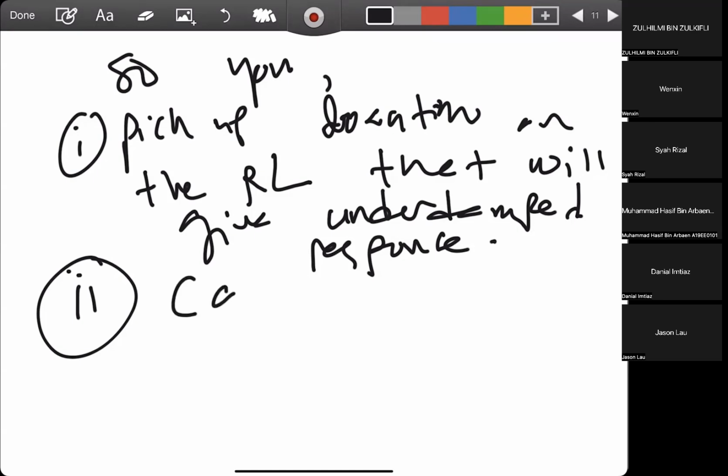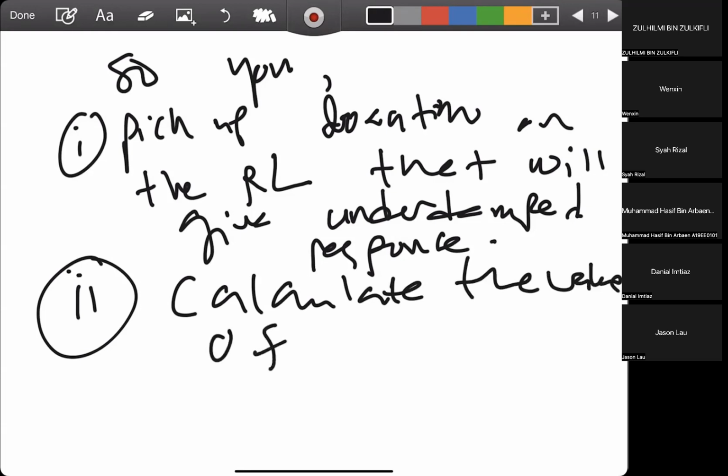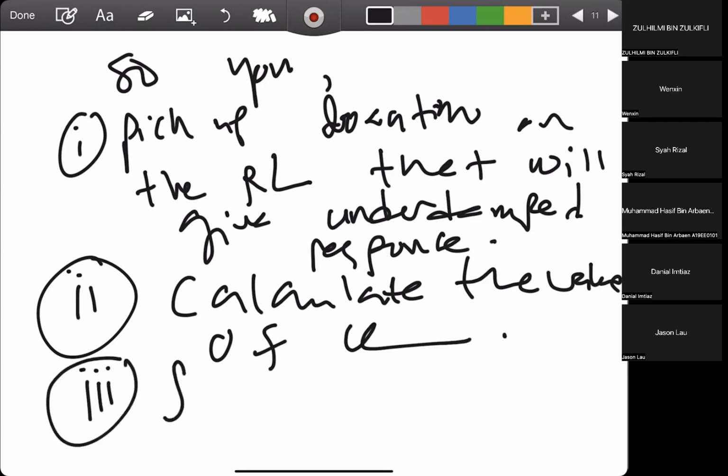Then calculate the value of K. Then find the respective third pole locations.